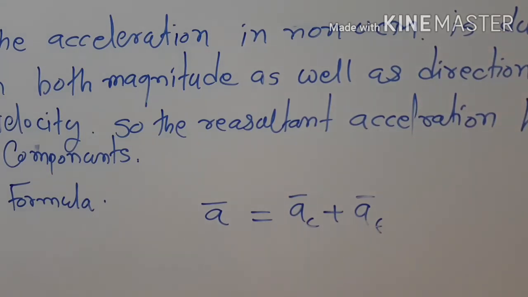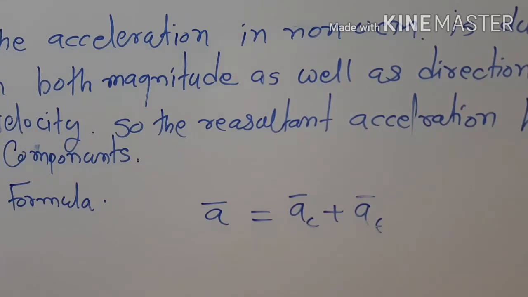Where AC bar is the component of centripetal or radial acceleration. It changes the direction of the linear velocity and it is along the radius or towards the center of the circle.